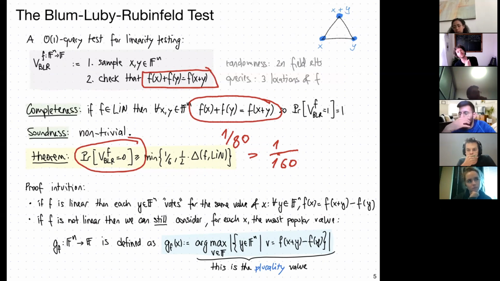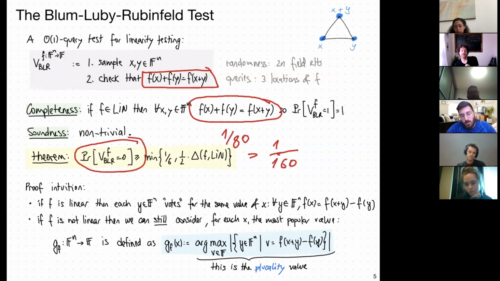Suppose we can find one nice linear function, and we can show that the probability that we reject is like the distance of our function to that particular linear function. Then it's a special case of being far from all linear functions. So we're making the problem easier: instead of the distance from all linear functions, we talk about just one linear function.